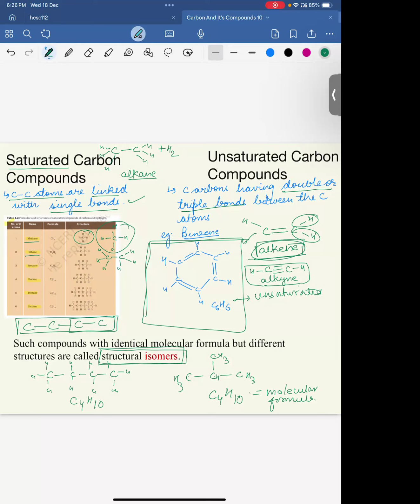So the compounds with identical molecular formula, like here we see C4H10, C4H10, but different structures. Here we see a straight CC bond, here we see the CC bond arranged in this way. These are structural isomers. Both of them are structural isomers of each other. Is it clear? Yes, ma'am.